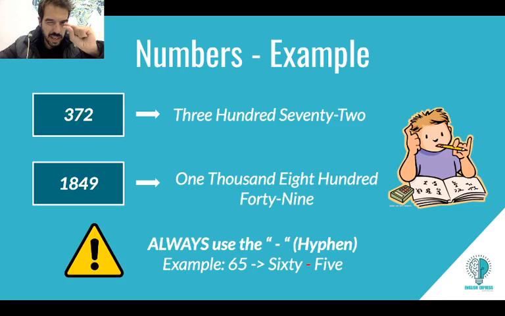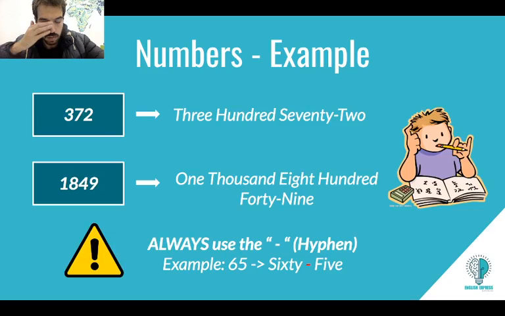But there is a hyphen in 72, right? Our second example, we have there 49, right? So we also are going to use the hyphen, right? You always use the hyphen for numbers that are higher than 21.